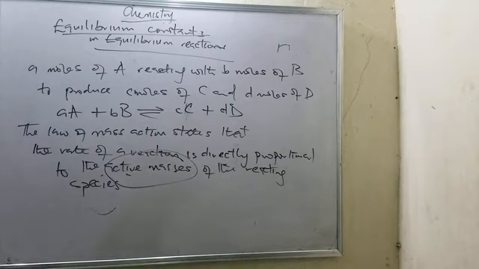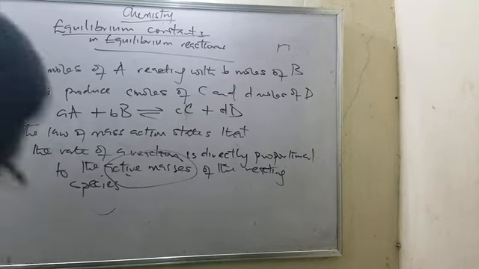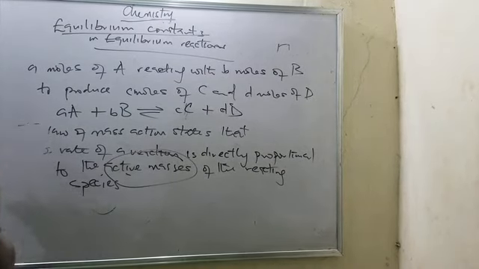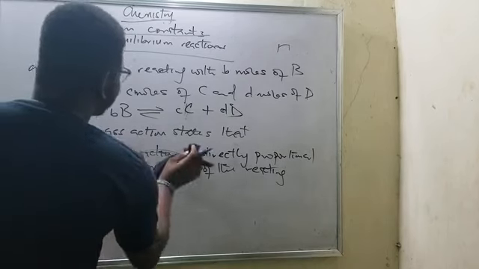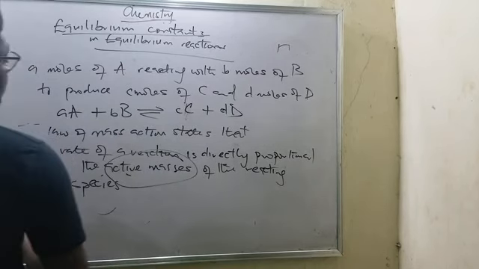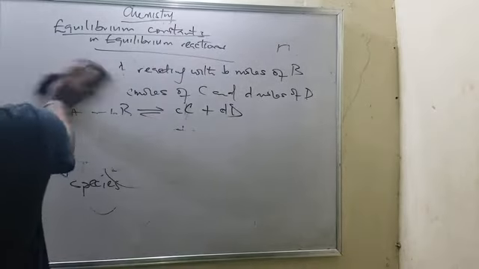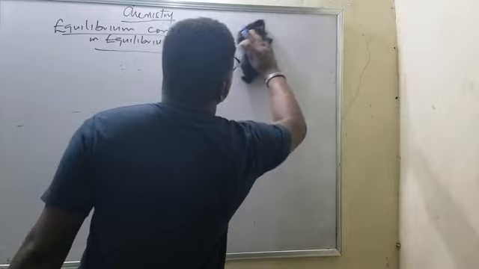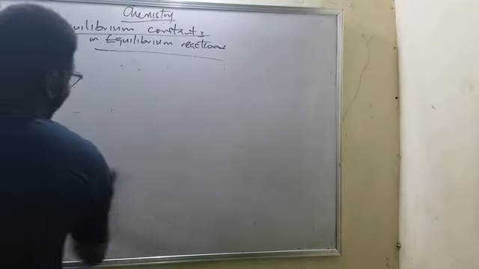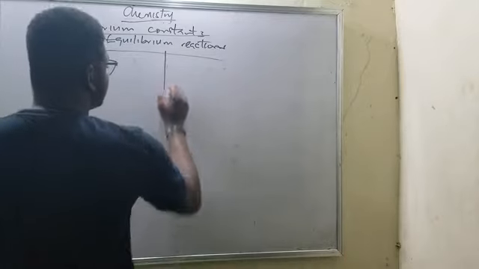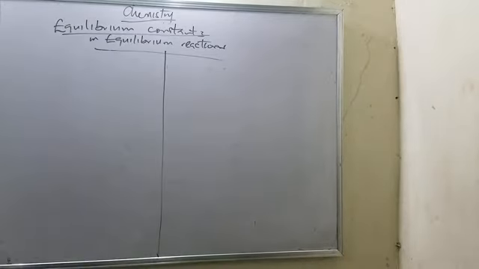That is what active masses are. So for this hypothetical equation, we are using the law of mass action with the active masses. We'll be using this to derive our equilibrium constant. So this class will be deriving it, and perhaps by next class we would go into answering a question with this.